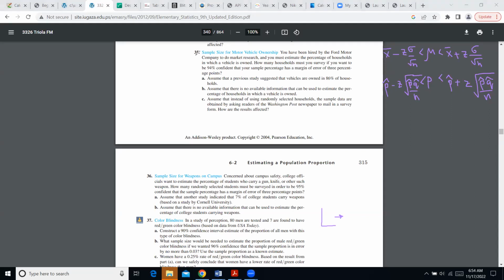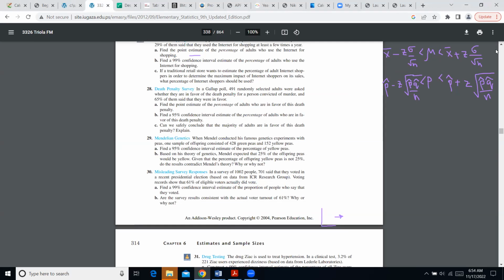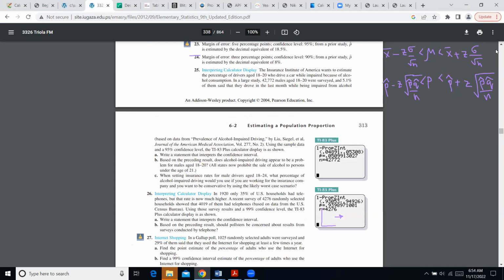Maybe problem 35. Actually, 35 I'll do later today. I'll get something from the beginning first. So how about one from before? To find a confidence interval, let's say exercise number 25.